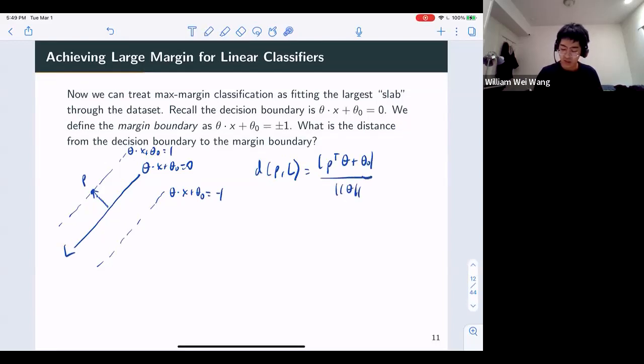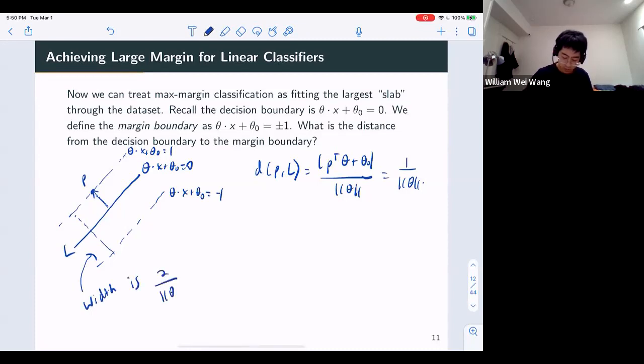But then note that because P is on the margin boundary, what's this absolute value term? It's going to be 1, right? So this is equal to 1 over norm theta. So all in all, this tells you that the width of this slab is 2 over norm theta, right? Oh, so what does this mean?